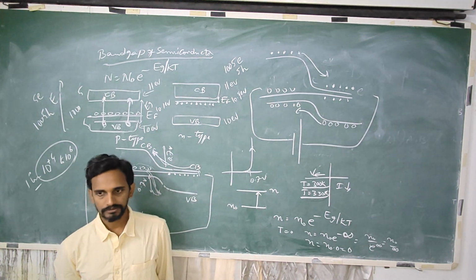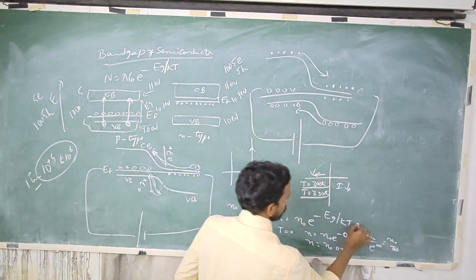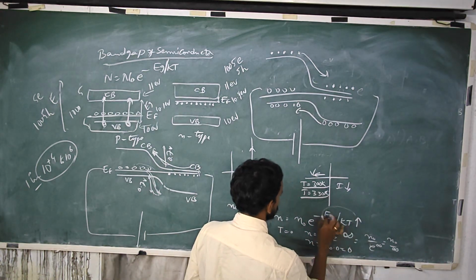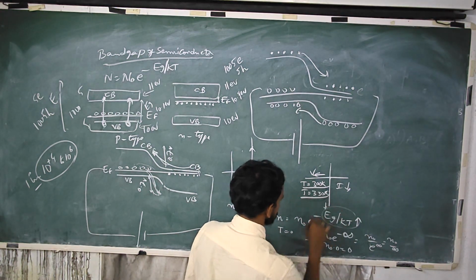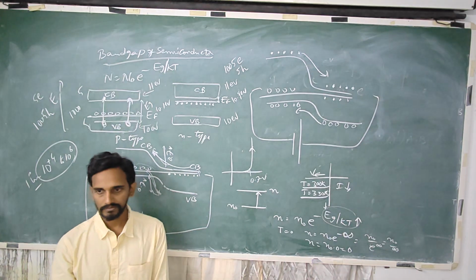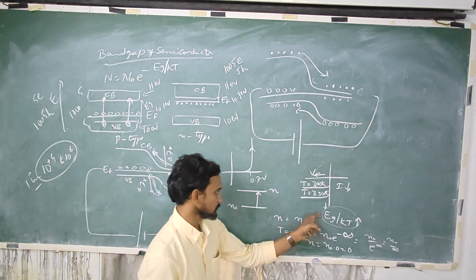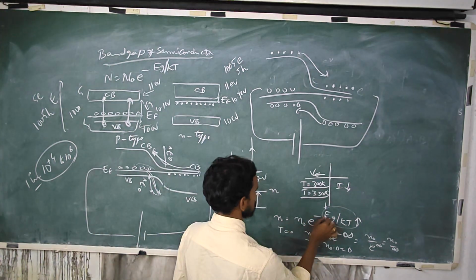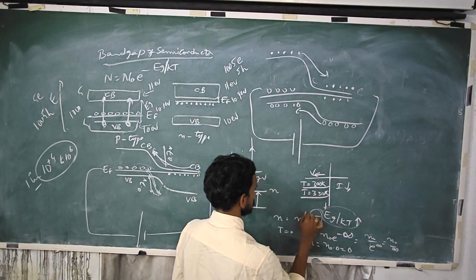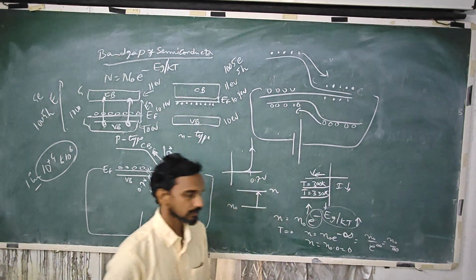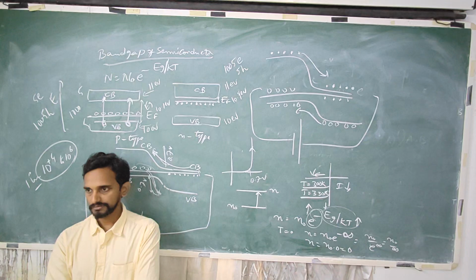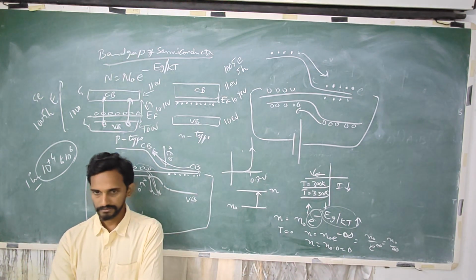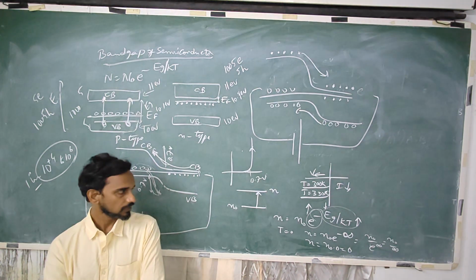what happens? So when the temperature rises, this whole term Eg by kT will reduce, and since it is a negative exponential, this whole term will rise. Right?